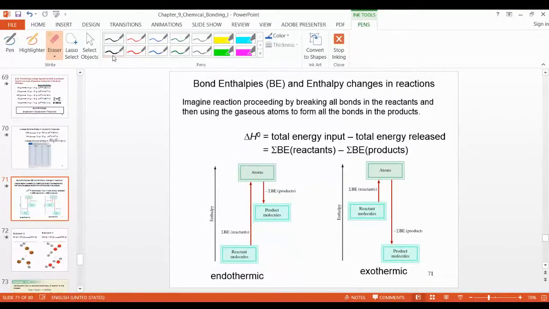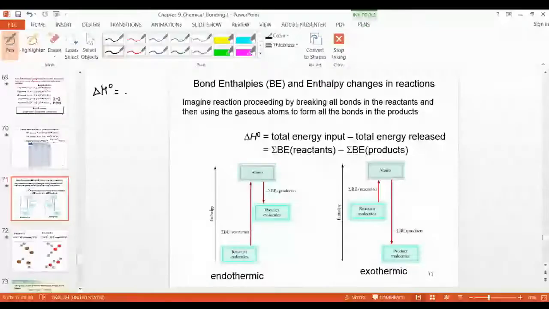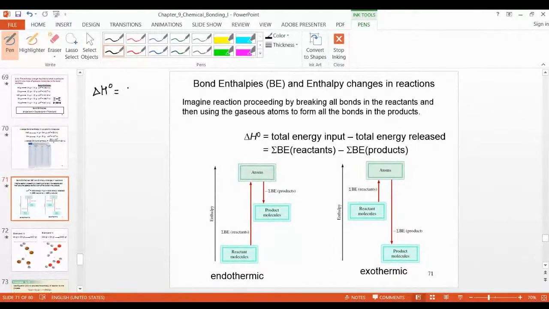Okay, now just one thing I will write here. Standard delta H means enthalpy: bonds broken minus bonds formed, like this.